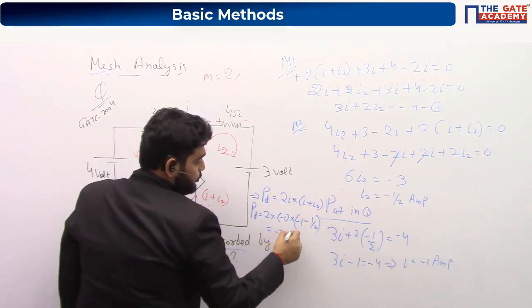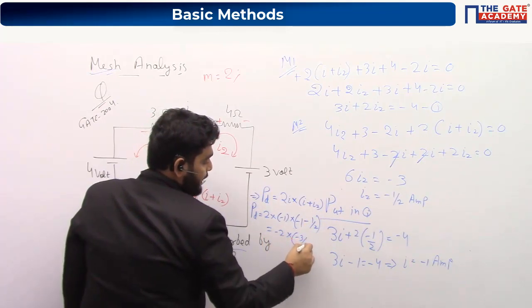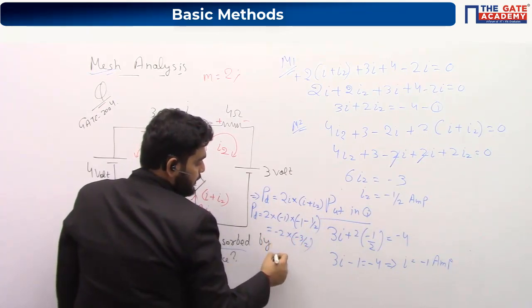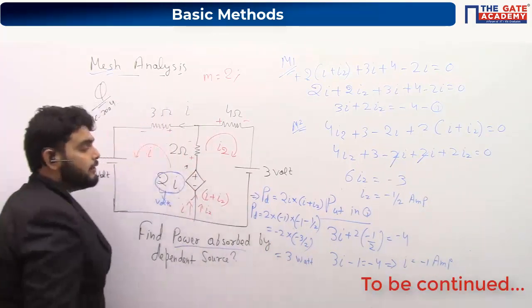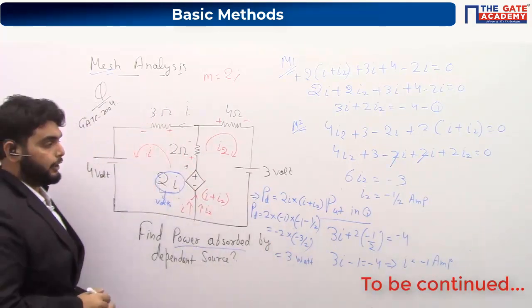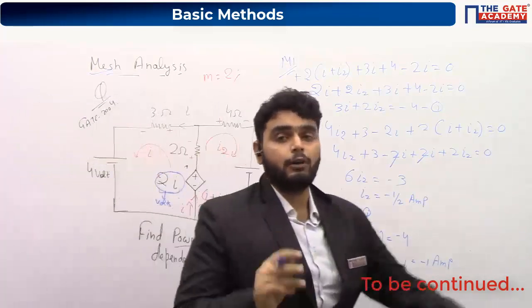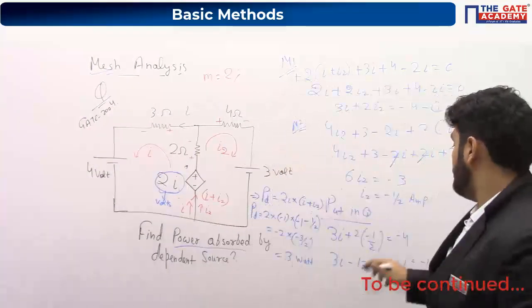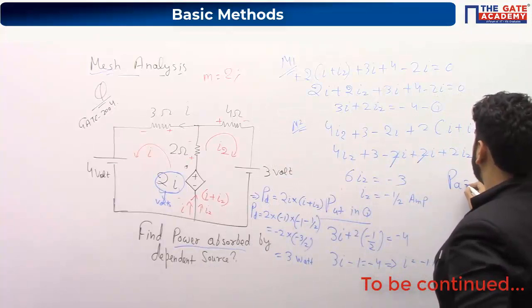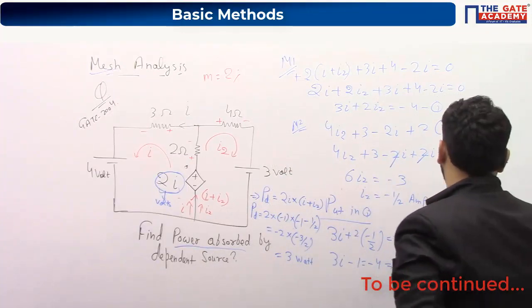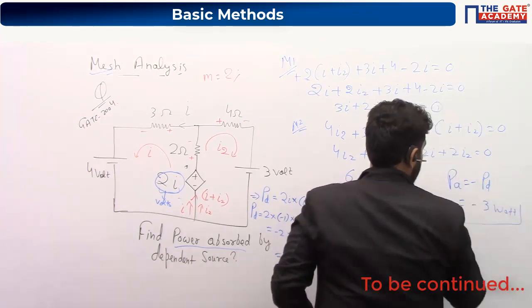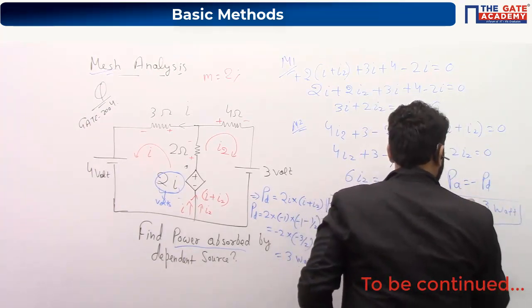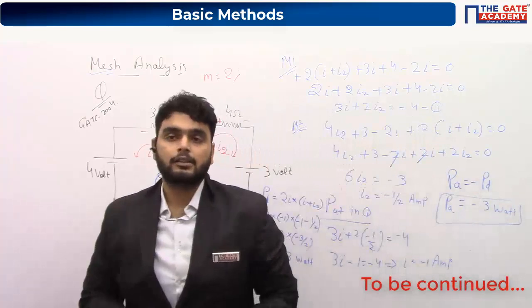So minus 2 multiplied by minus 3 by 2, cancel, we are left with 3 watt. So what is the power delivered? Power delivered is 3 watt. But in the question they have asked what is the power absorbed. So the power absorbed is nothing but the negative of power delivered, which means minus 3 watt. This is the answer of this question.